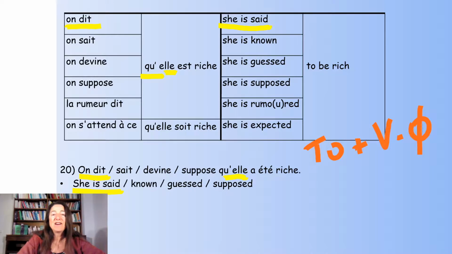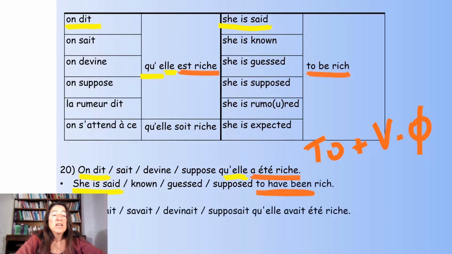And this idea of interconnection, as you know, is expressed by the operator have plus VN. Yes, very good. So instead of to be rich, we're going to have to add have plus VN to this last part, which will then be she's said to have been rich.